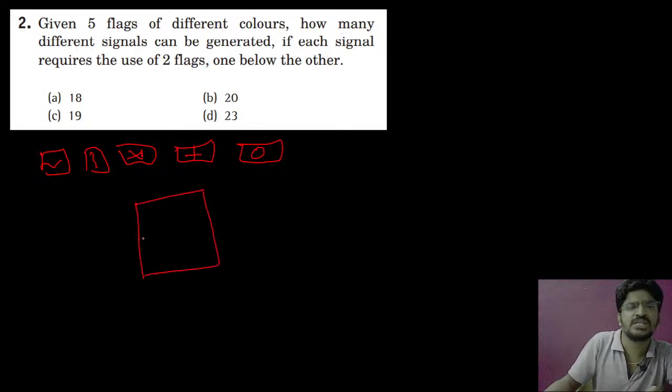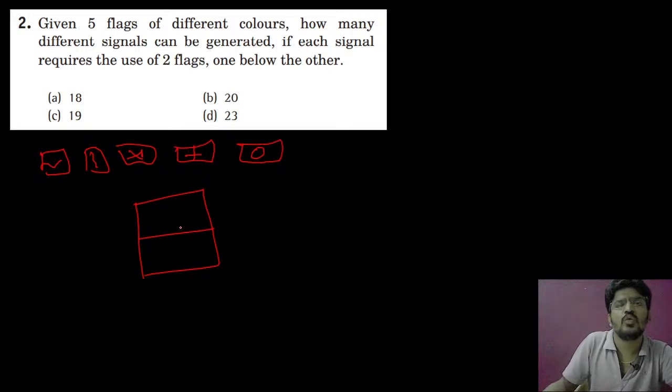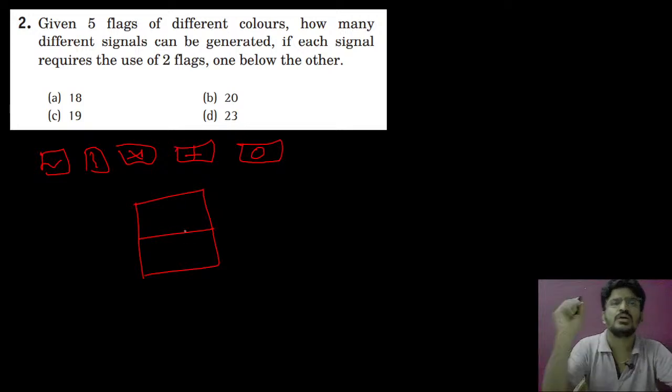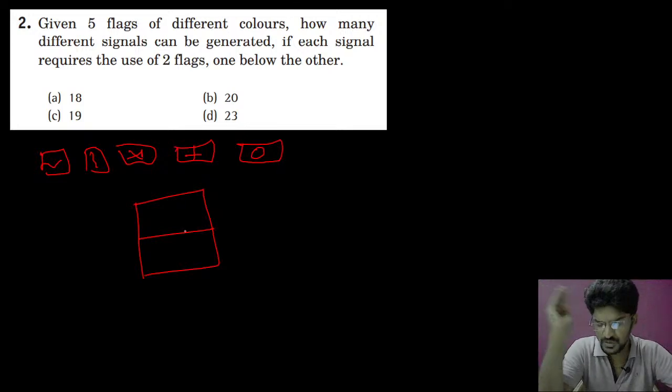So this is one signal where I have to use 2 flags, one below the other. Given 5 different flags, and if each signal requires 2 flags, how much can you do?